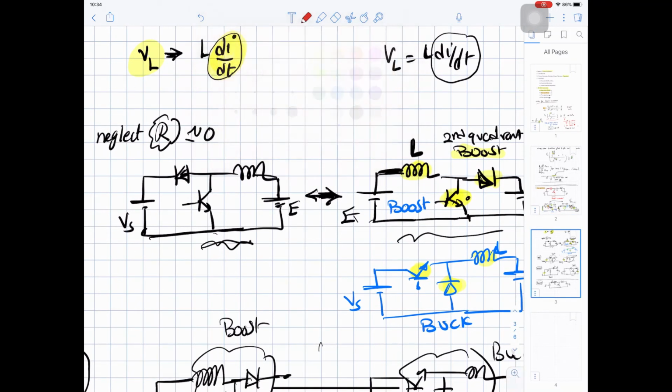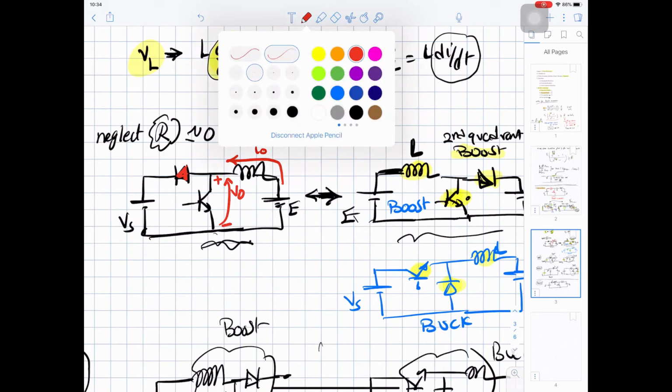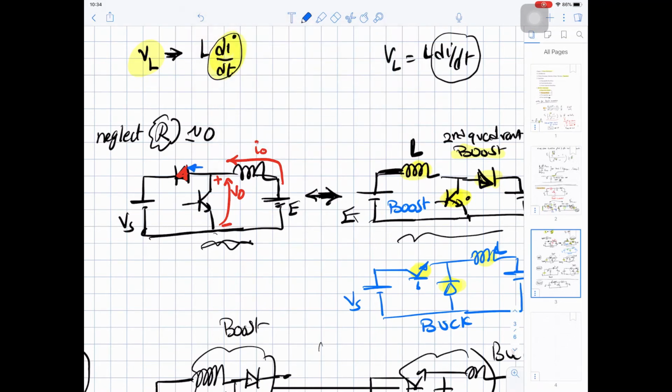Now, if we look at V out, V out will still be positive or zero, but the current will be negative. This is I out. Why is the current negative? If this diode is on, you can have current going in this direction. If this switch is on, you have current going in this direction. So in both cases, the current is going back from the load to the source.